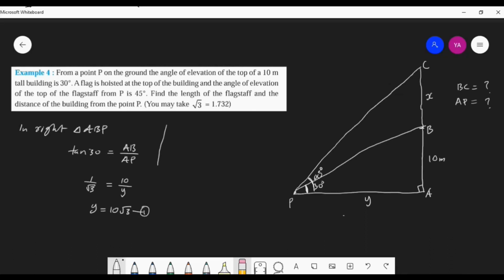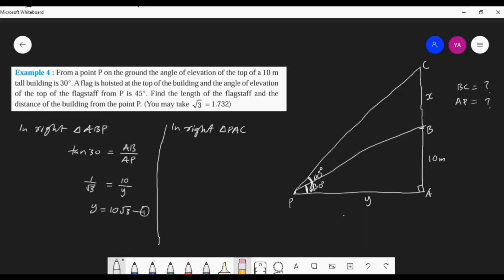Next, take the other right triangle. What is the name of the next right triangle? ACP, or PAC. I write PAC. So here the angle is 45 degrees. Don't confuse it with this angle. This large angle, between the horizontal and the line of sight from P to C, the angle of elevation, is given as 45 degrees.